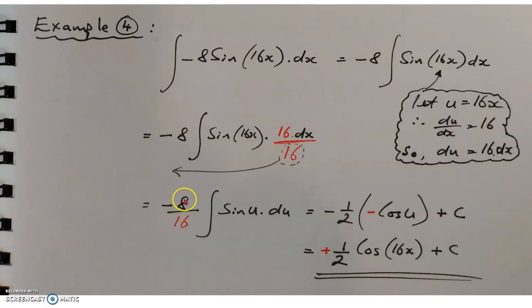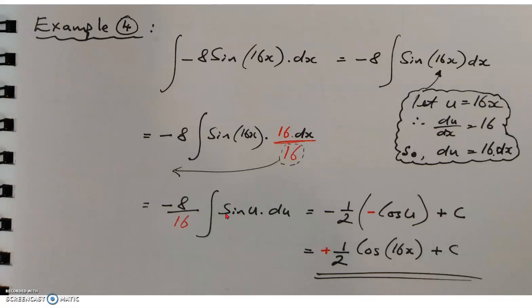So we get -8/16. What have we got left? Well, we're integrating sine u du. Now this is where you've got to be sharp, because what we're integrating here is positive sine u. Well, when you differentiate cosine, you get minus sine.